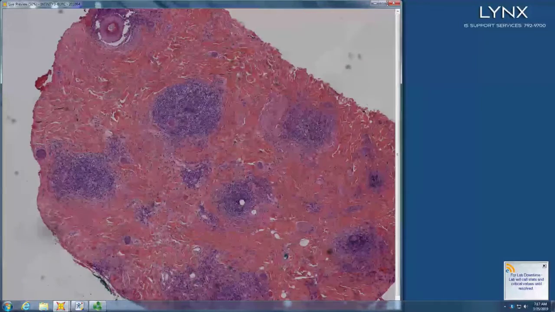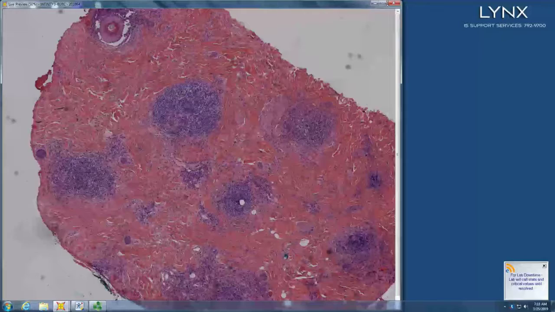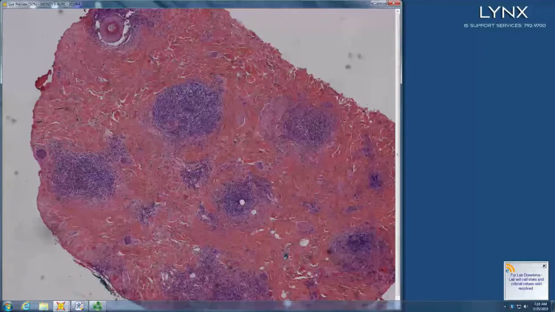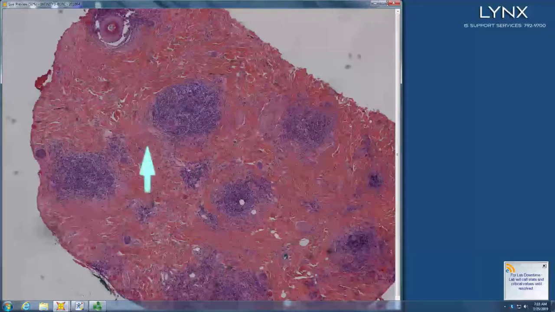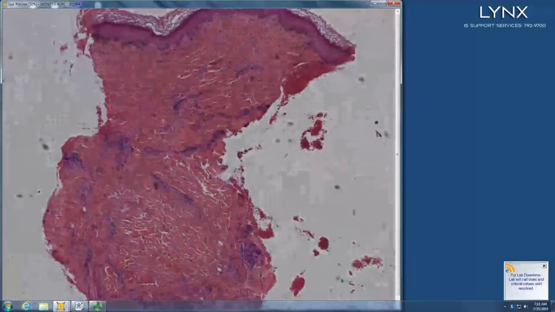So you're looking at a cross-section. If you were looking vertically, these would be big columns of lymphs that you would see around the mid-dermis. Lupus. Yeah, exactly. We're used to seeing lupus in vertical section.